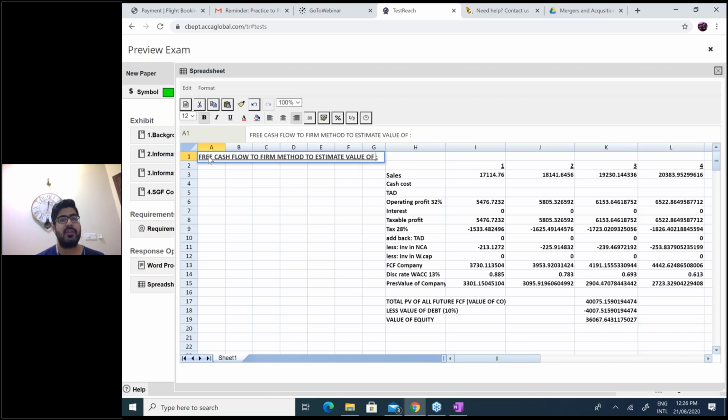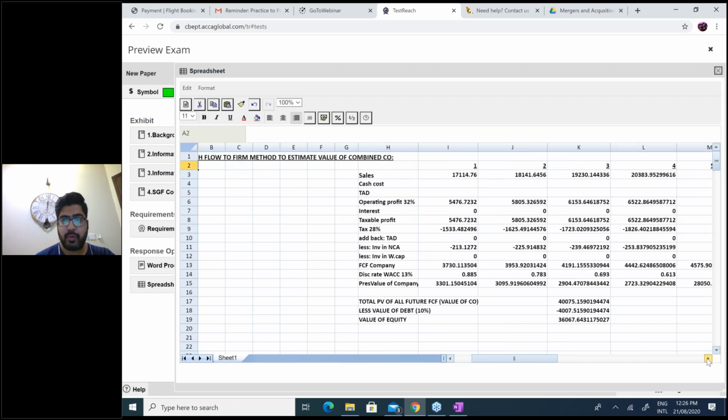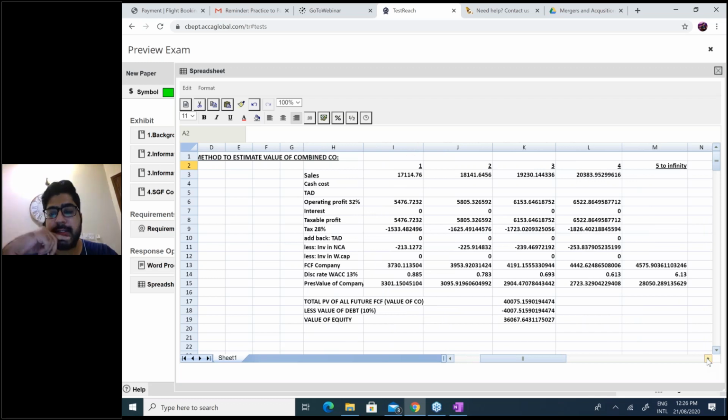Now I want to use the FCF to company method to estimate the value of the combined company.